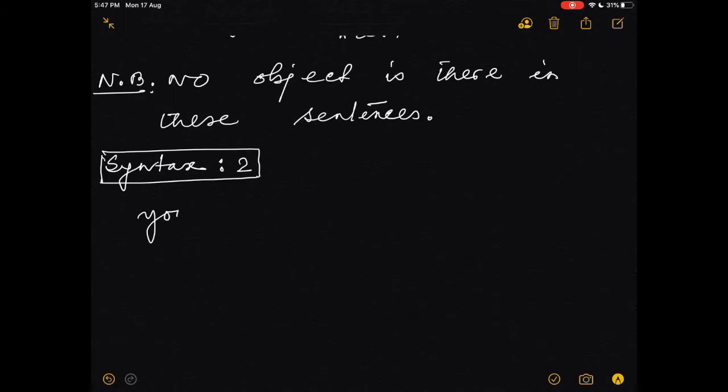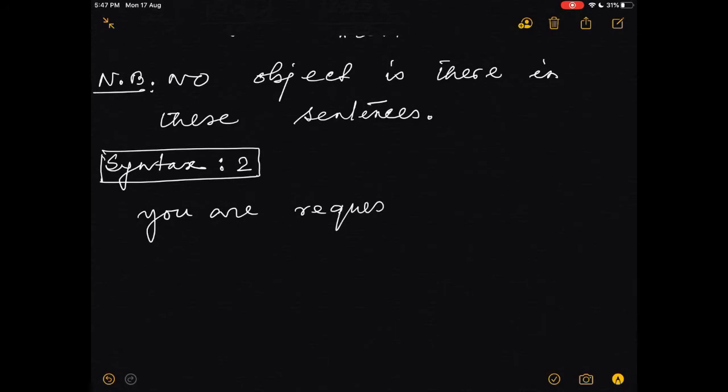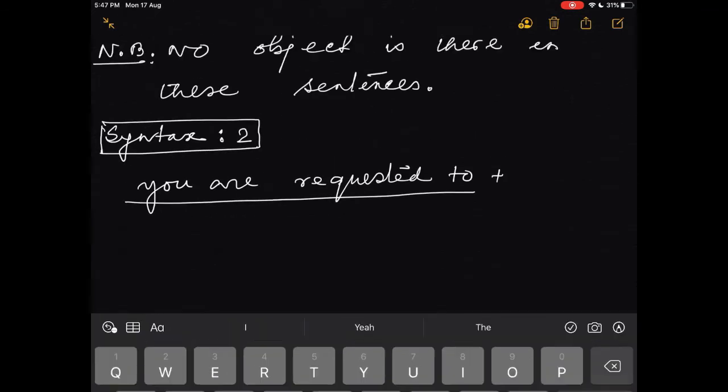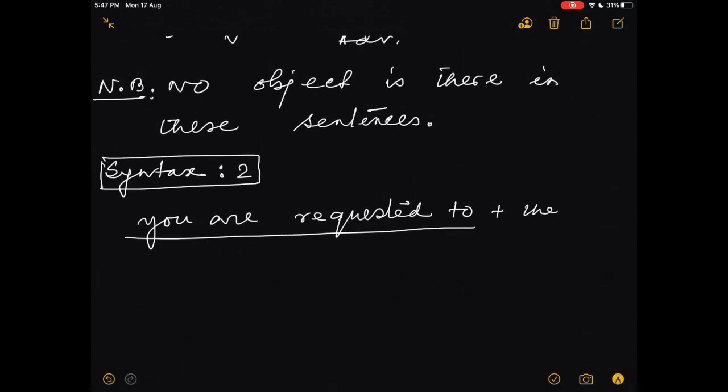Yes, like this: You are requested to plus the given sentence. Given sentence is the sentence which is given.